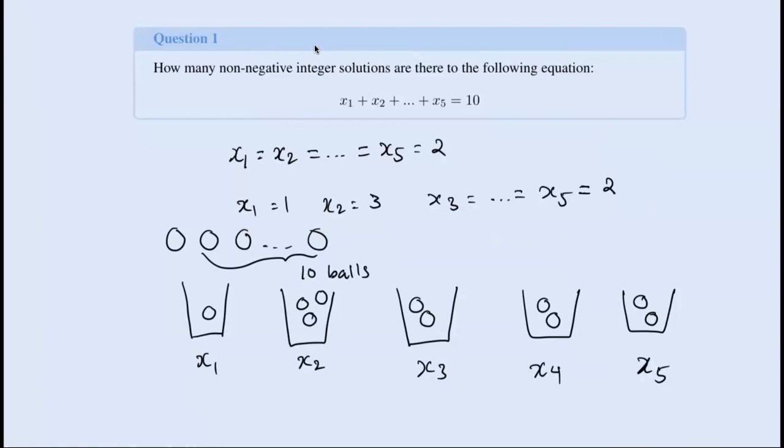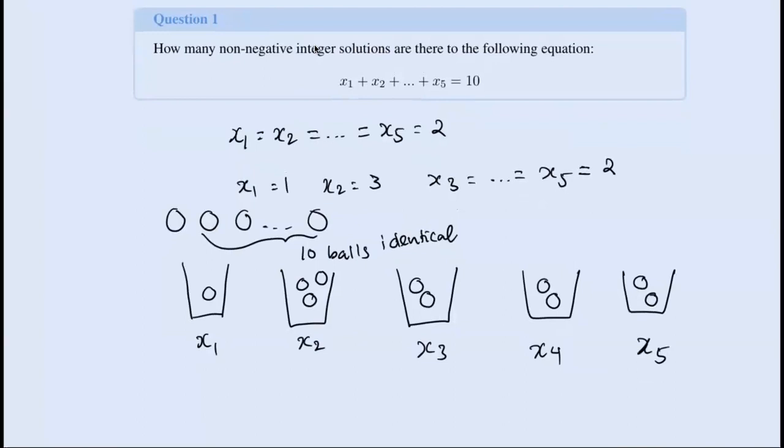Then you can think that the sum that you want to achieve here is the amount of balls that you want to distribute, and the balls are identical, which means we don't care whether the first ball goes in here and the second ball goes in here, or the second ball goes in here and the first ball goes in here. It is not different because the balls are identical.